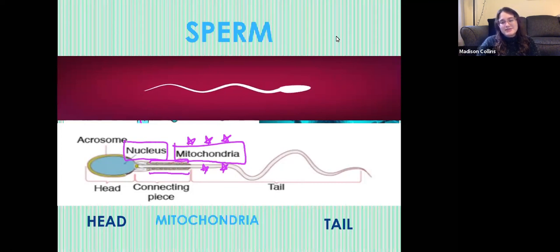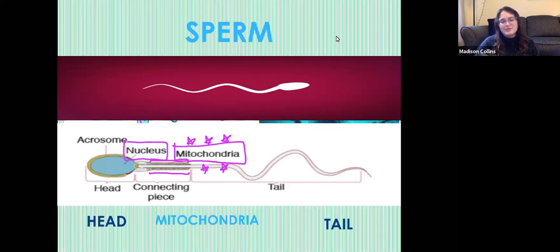So in this GIF that you can see on your screen, the sperm is moving. It's basically swimming, and the tail is what allows that to happen. So it's going to whip constantly and allow that sperm to move, eventually traveling throughout the female reproductive tract, because it's got quite some ground to cover, which we'll talk about tomorrow. All right, so make sure you know those parts of the sperm.